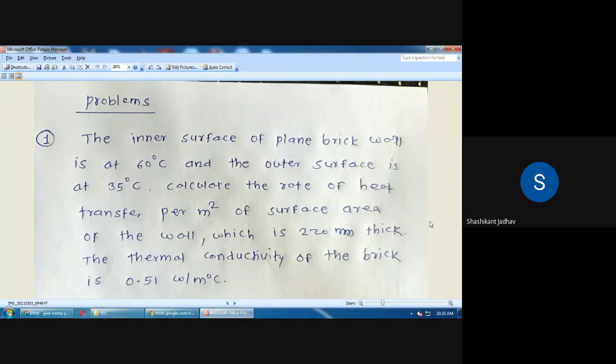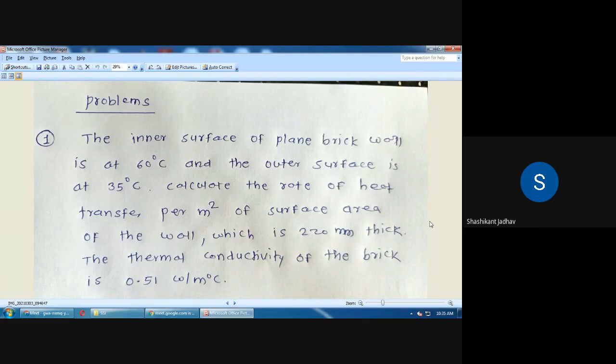You know the plane wall equation. What is the equation for the plane wall? Q is equal to K into A into T1 minus T2 divided by L. On this equation we have to solve one simple problem. So write down the problem.